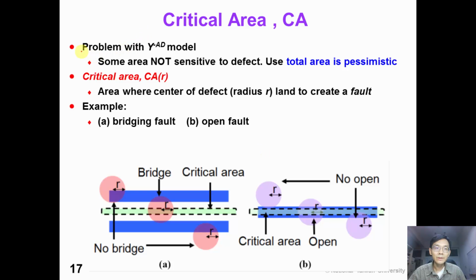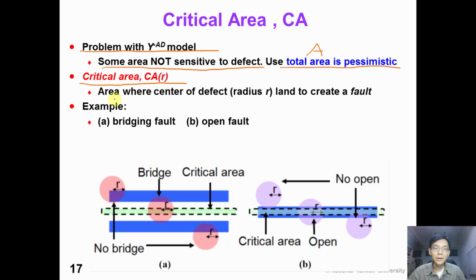The problem with the simple model is that some areas are actually not sensitive to defects. So if we use the total die area A, it's a pessimistic estimation. So we propose to use the concept of critical area, CA.